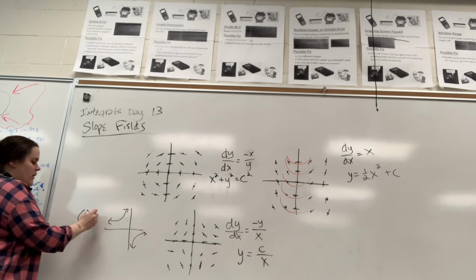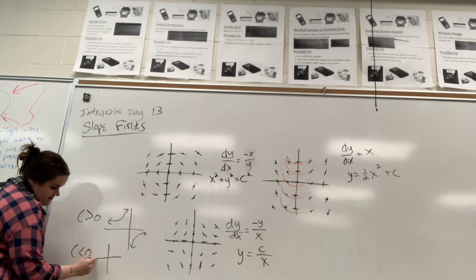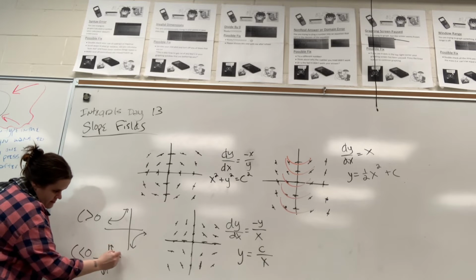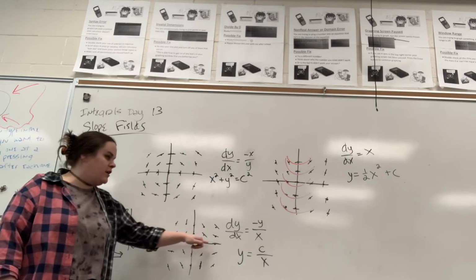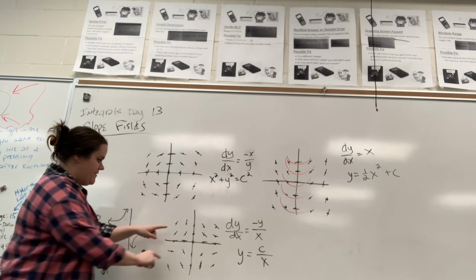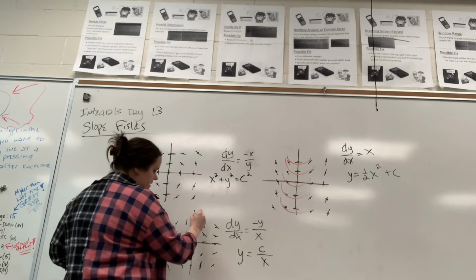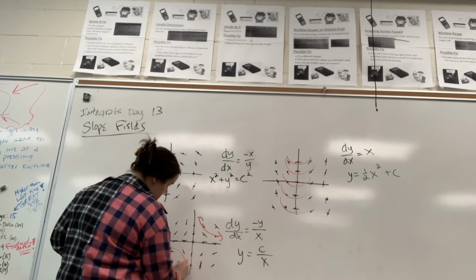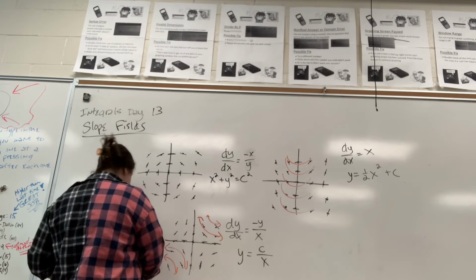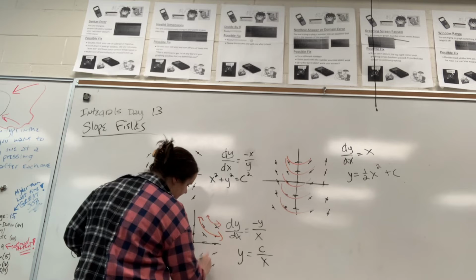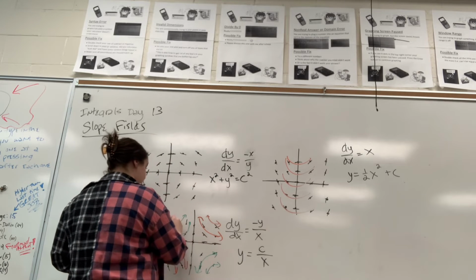What happens when my c is negative? It just flips them. So notice this is the horizontal asymptote, vertical asymptote. These are the ones for when c is positive, and then these are the ones for when c is negative. Do you see it?